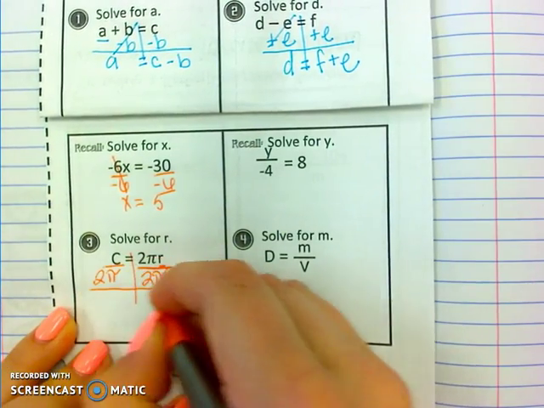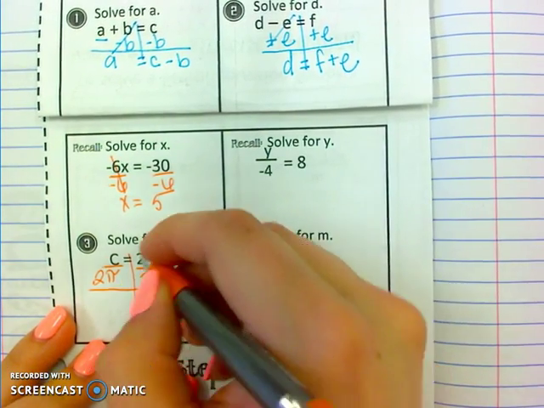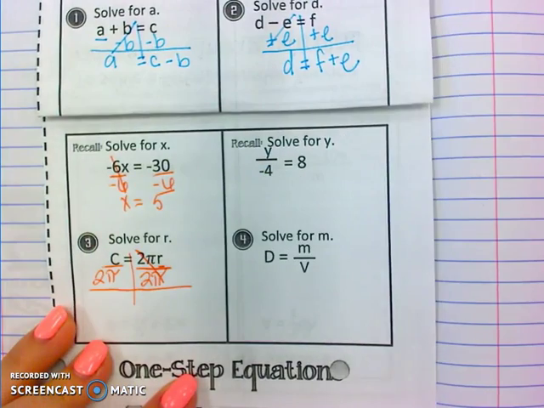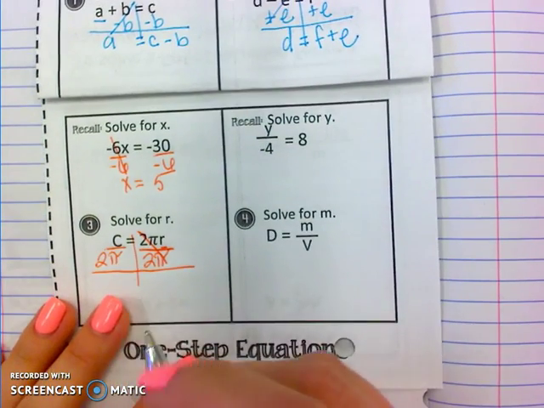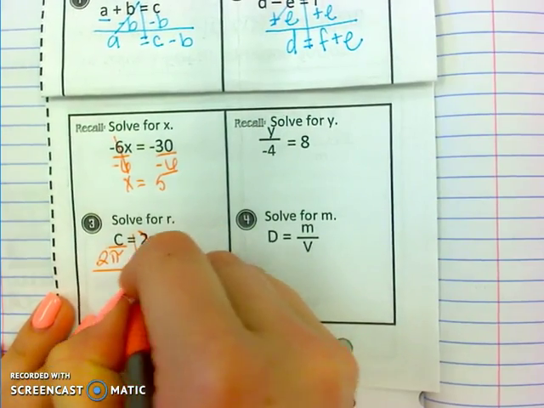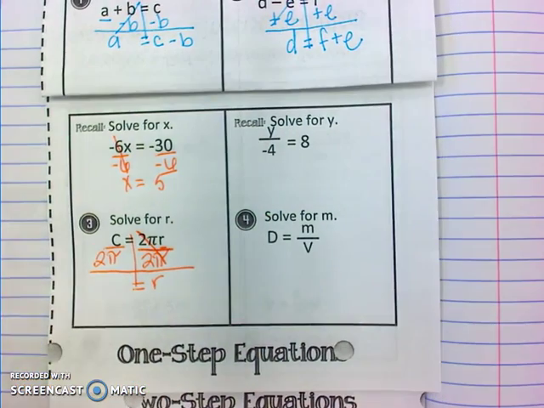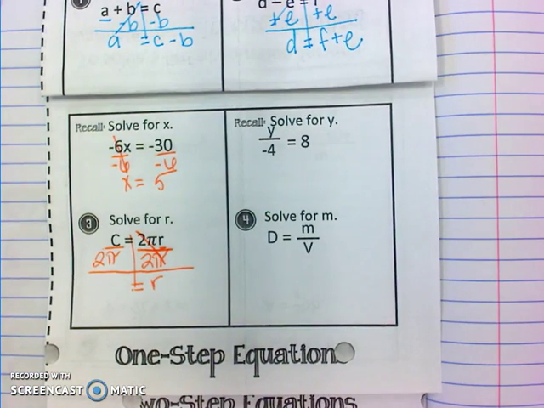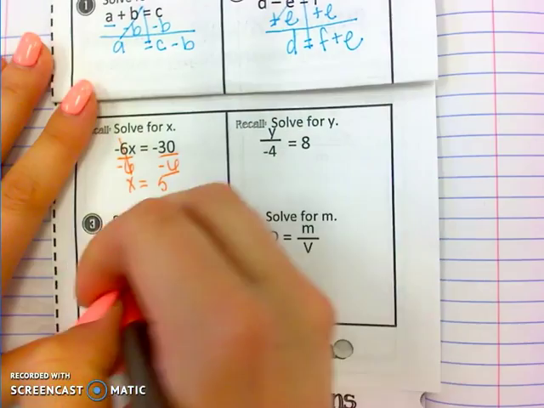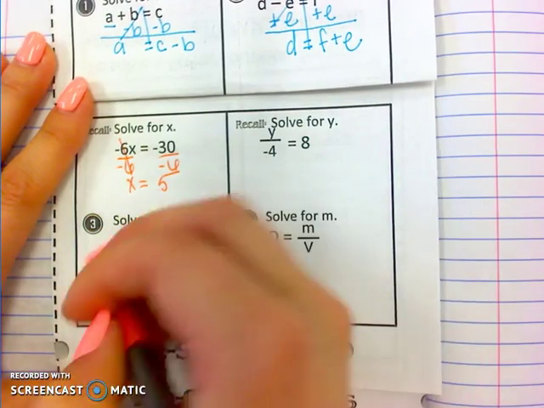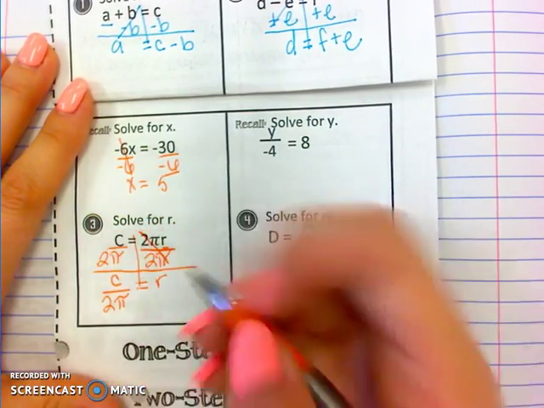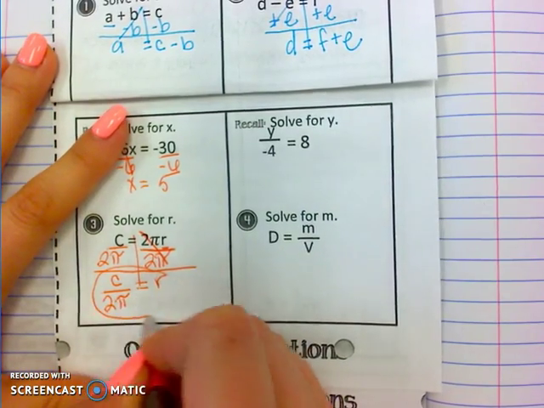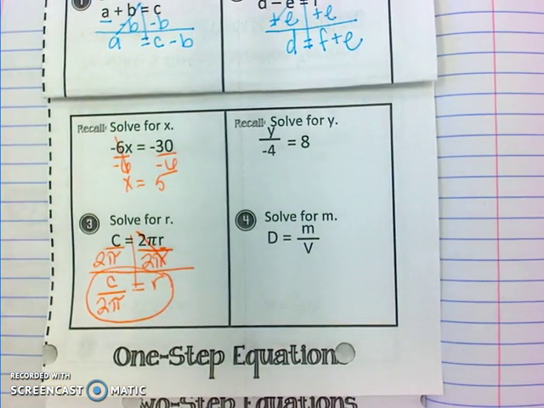Okay? So now what's left? Over here, 2 pi canceled out. So I'm left with r equals, and can I divide that? Do I know what that looks like? I don't have any numbers. That's the purpose of a literal equation. So we have c divided by 2 pi. And that's your answer. It's okay to leave it like that.